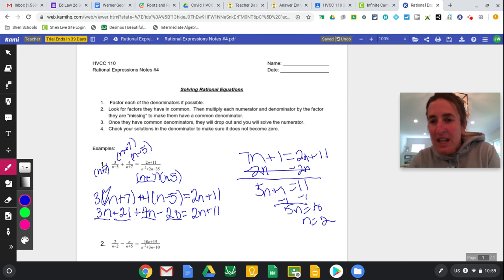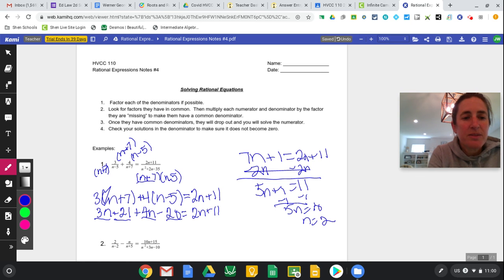Okay, now it's important to look at the problem and look at the denominators. See this n minus 5. If I plugged in 2, take away 5, that gives me negative 3.